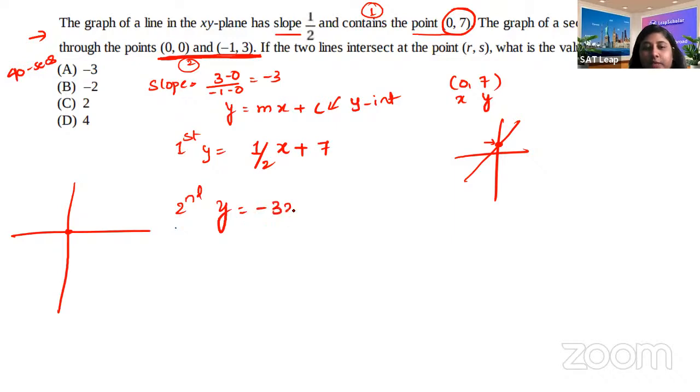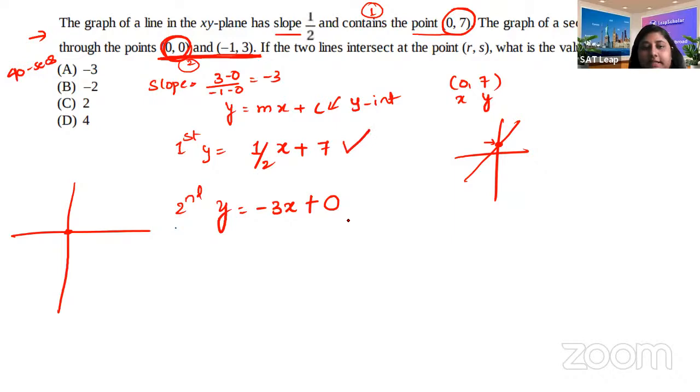So if I form the equation of a line, it is going to be -3x plus what is going to be the y-intercept in the second equation? It is going to be 0. Correct. 0 because it is passing through the origin. 0,0, they said, so it is passing through the origin. That's why the line is cutting the y-axis at 0.